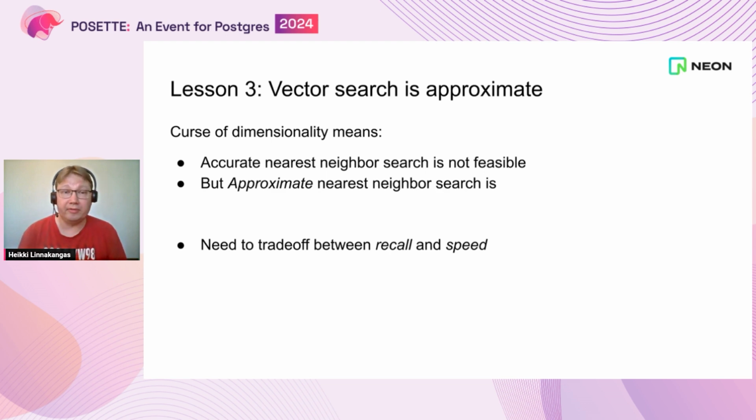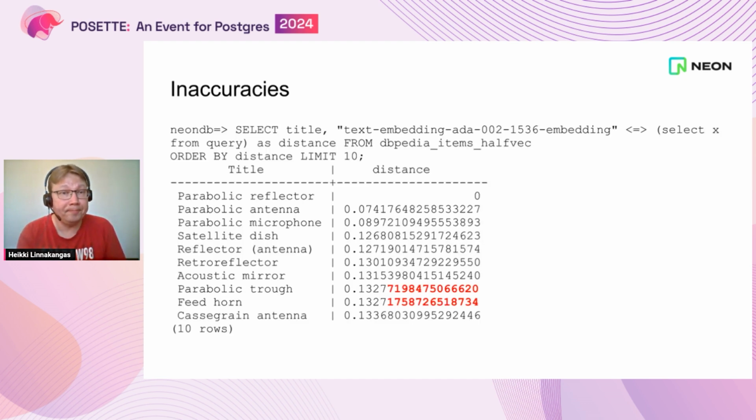They will not give you exact results, but you always have to make a trade-off between recall, which means how accurate it is, and speed. How fast is it to search? How fast is it to create the index? How much work are you willing to put into getting better, more accurate results? And if you're willing to accept that you're not going to get the exact results, but approximate results, these algorithms work pretty well, but it is something to keep in mind.